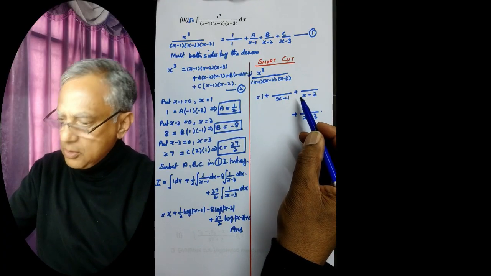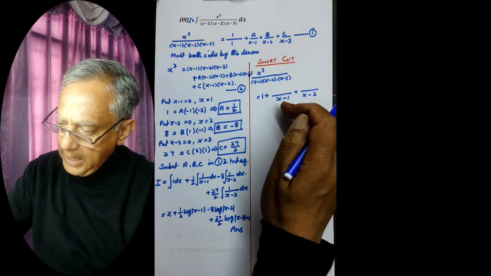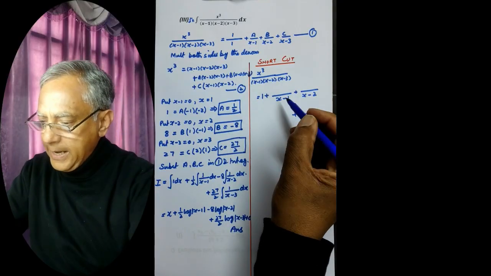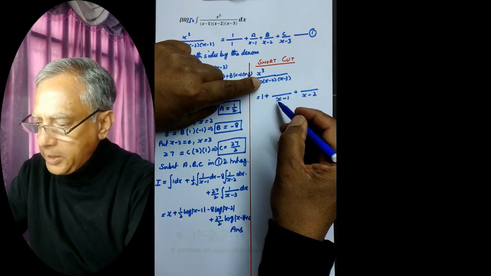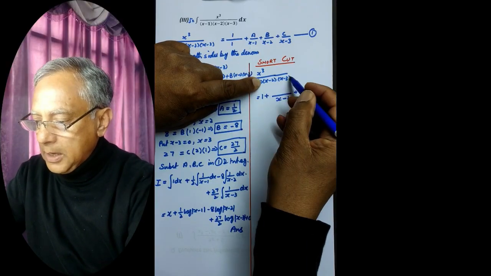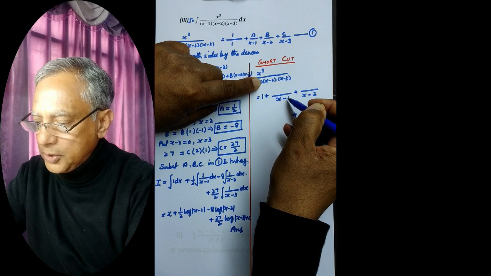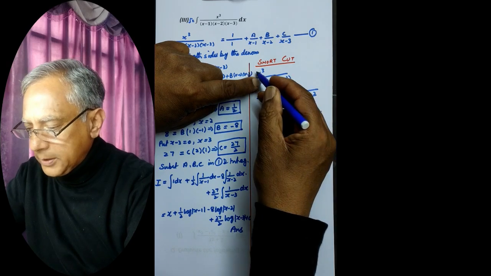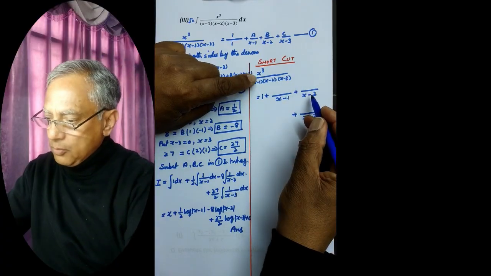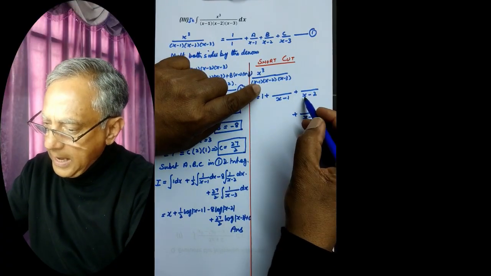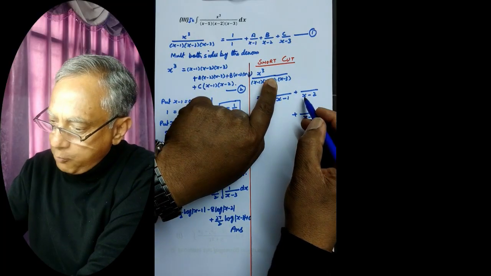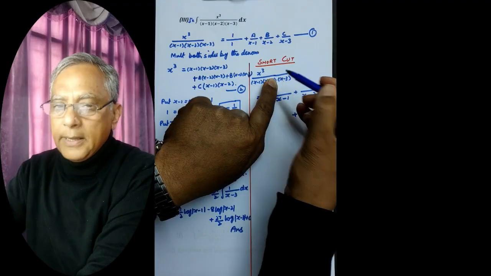The method is, we hide this x minus 1 in this term, put x minus 1 equal to 0, that is x equal to 1, in the rest of the term. For this we put x minus 2 equal to 0, that is x equal to 2, hide this and put x equal to 2 in the rest.